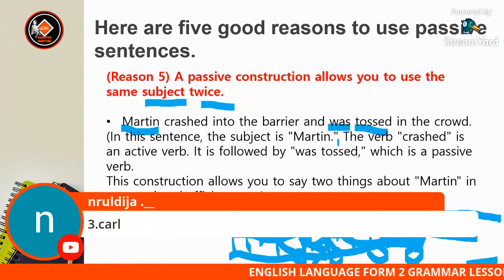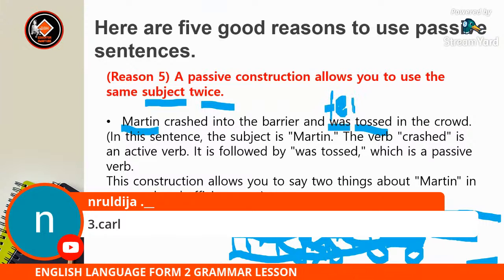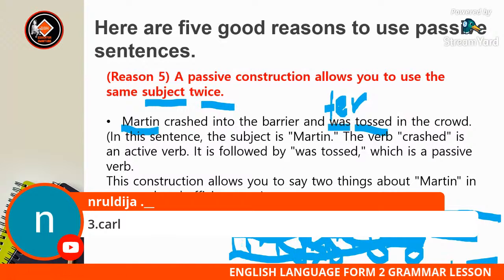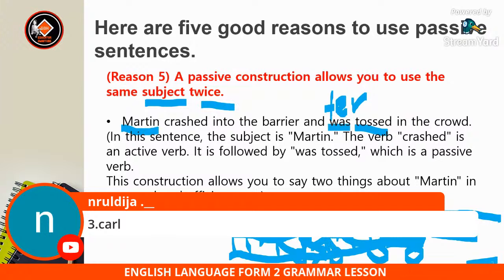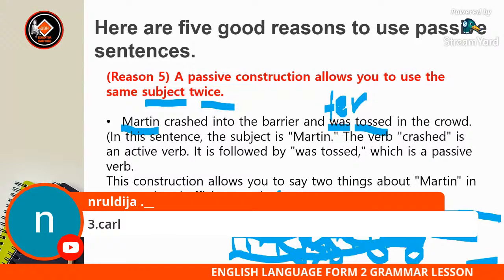Okay, tercampak. Toss is tercampak. Tercampak ke dalam orang ramai. So there are a lot of people watching you during the motorcycle race. So while you were racing, suddenly you are out of control. Boom! You knock the barrier, and then you tercampak. Toss, terpelanting. Tercampak ke dalam orang ramai.